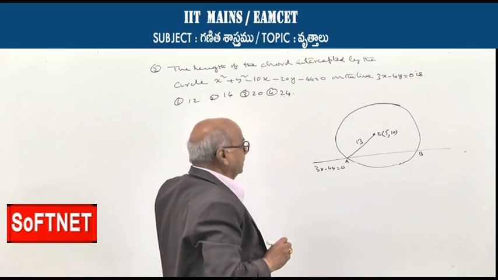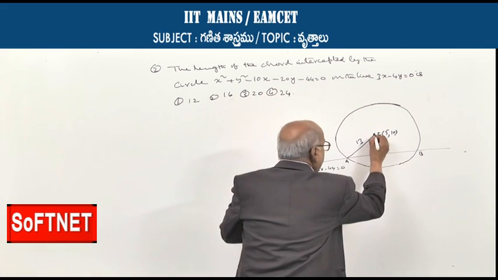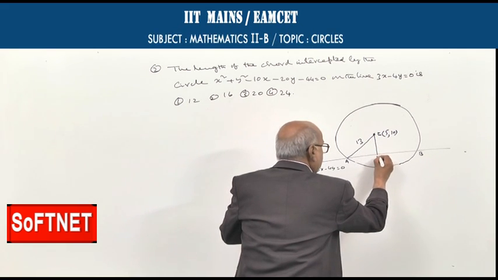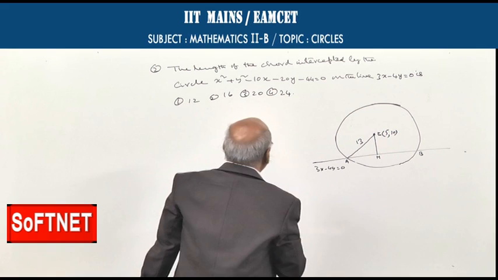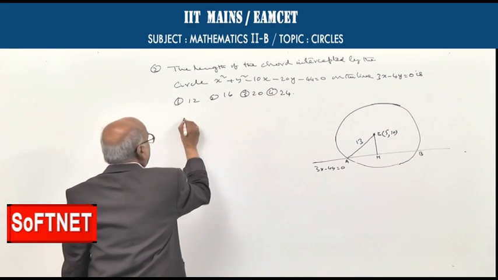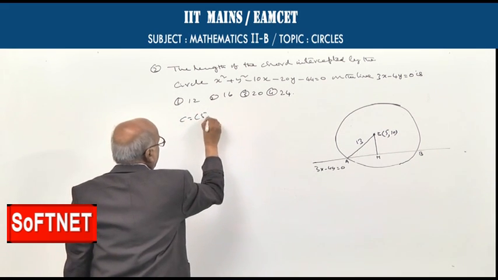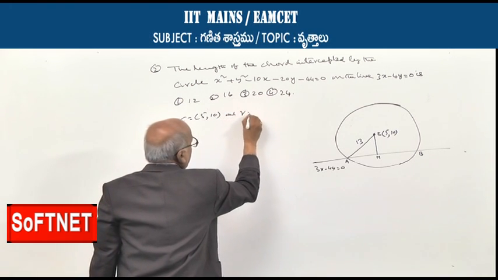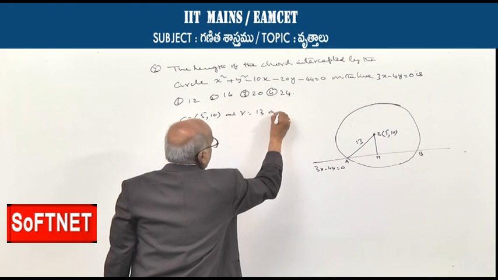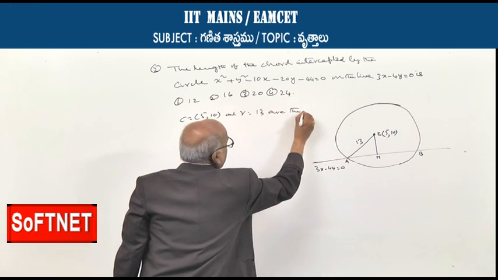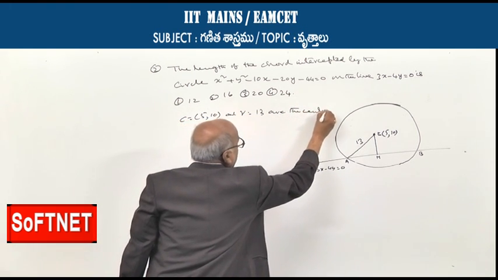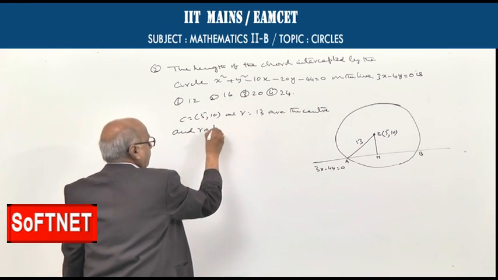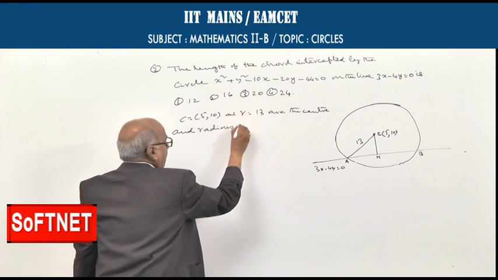Now the center C is (5, 10) and the radius R is 13 for the given circle.